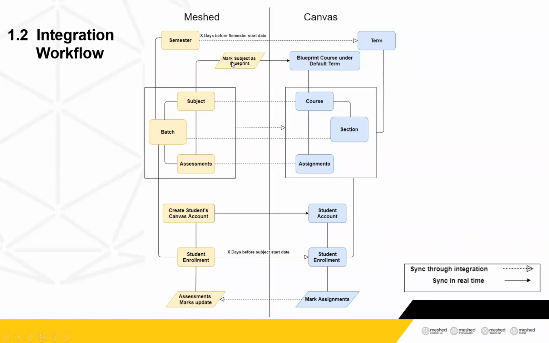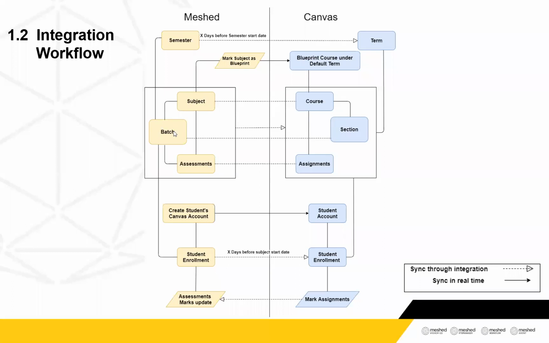Next are your blueprint courses. As soon as you mark any subject as a blueprint course in the Mesh platform, it will get synced in real time to Canvas. We'll talk about blueprint courses in more detail as we proceed with this session. Next are your actual semester subjects. Semester subjects get pushed to Canvas as a Canvas course through automation as soon as you assign a batch to that subject.